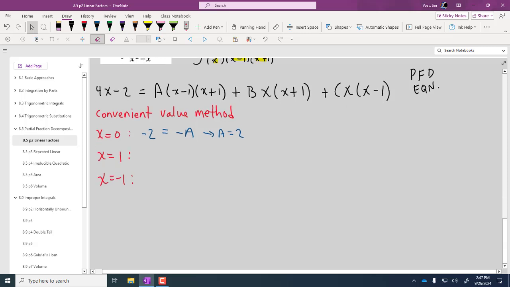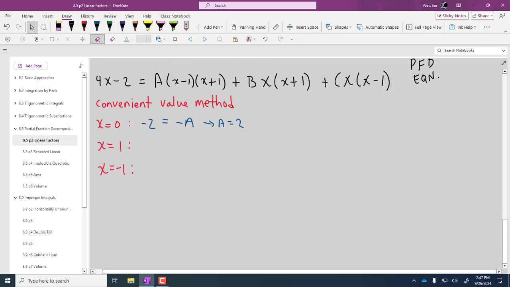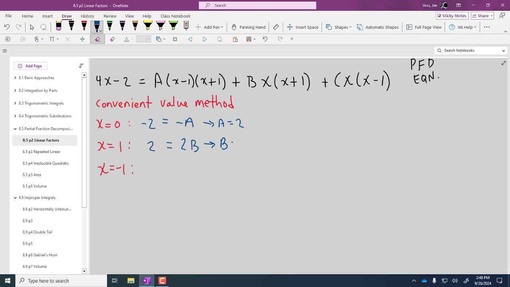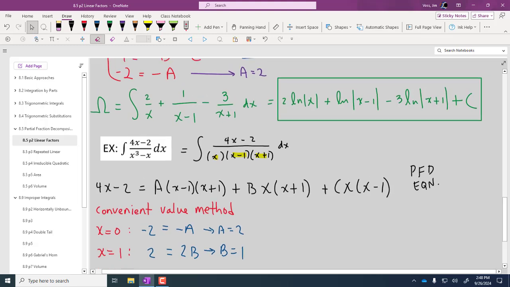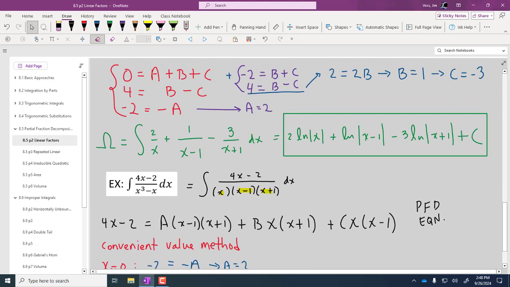Now let's plug in x equals 1. On the left-hand side, 4 minus 2 is 2. On the right side, you plug in a 1, that's a 0, and over here, gone, that's a 0. So plugging in x equals 1, we get 2b. That tells us that b is 1. Now we're done with b. B is 1.